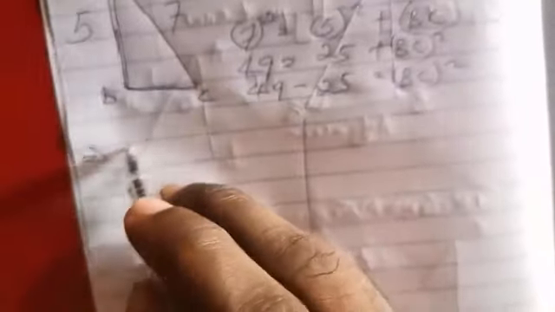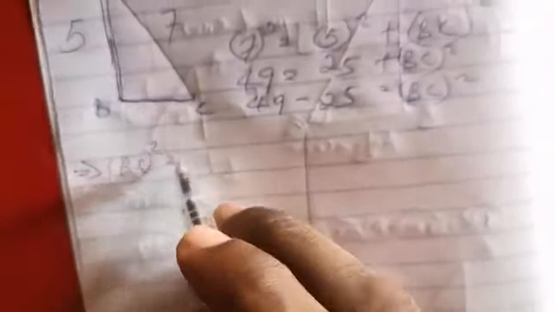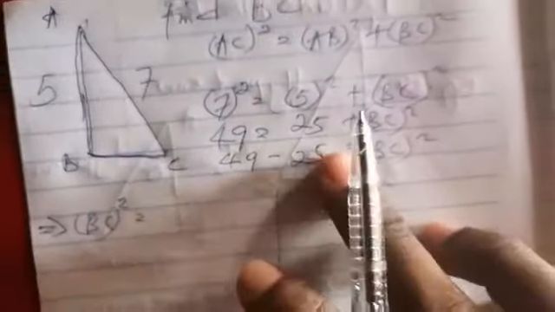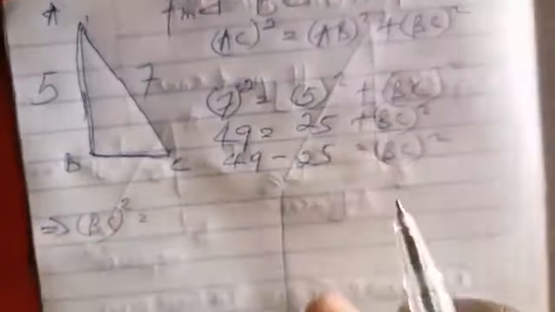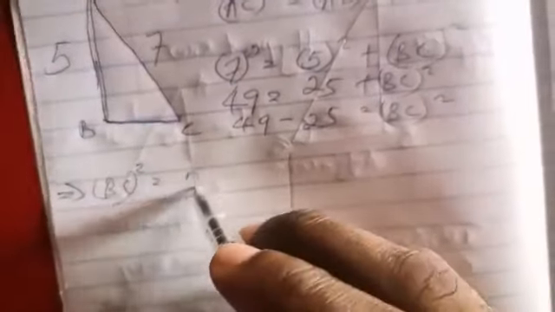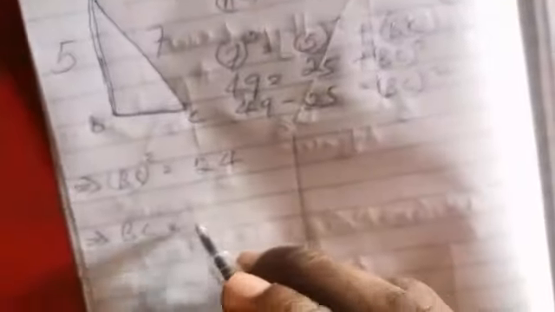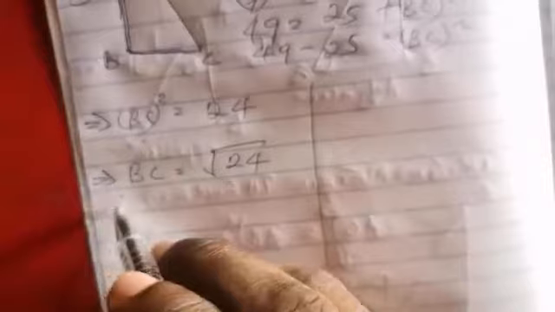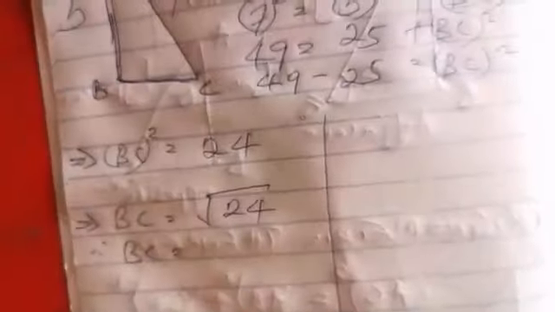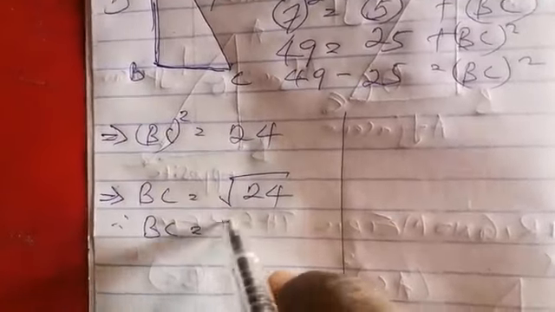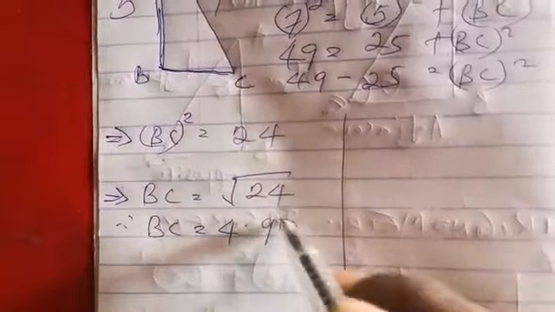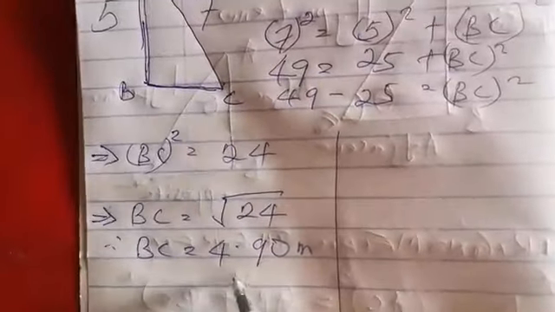That implies that BC squared is 49 minus 25, and 49 minus 25 is 24. Therefore, in order to find BC, we take the square root of 24. So BC is equal to the square root of 24, which is approximately 4.90 meters.